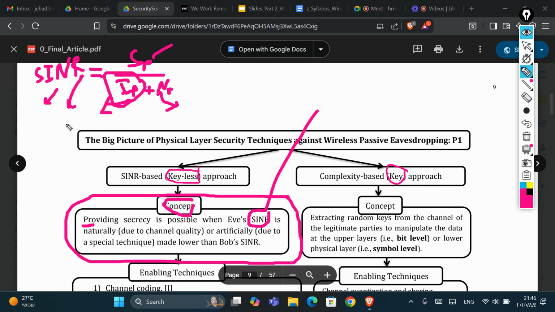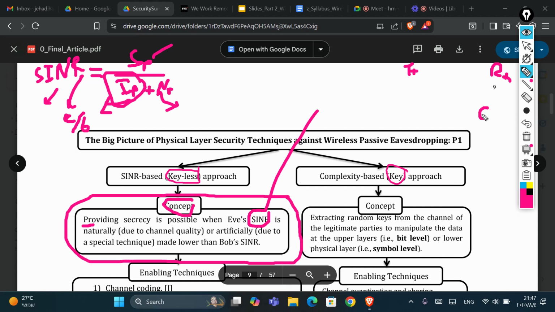If we put E here for the signal to interference noise ratio, we mean it's for Eve, and if we put B instead, it means for Bob. Why do we say Eve and Bob? Because, as we said in the previous lectures, we model our physical layer security systems as having a transmitter on one side, a receiver on the other side, and an eavesdropper, which is the malicious user, Eve.